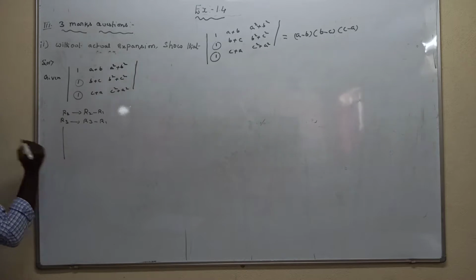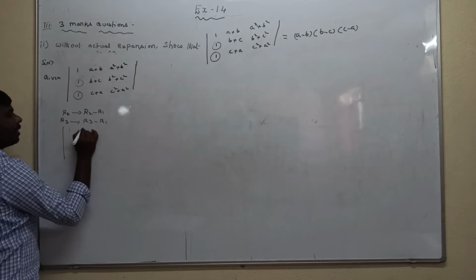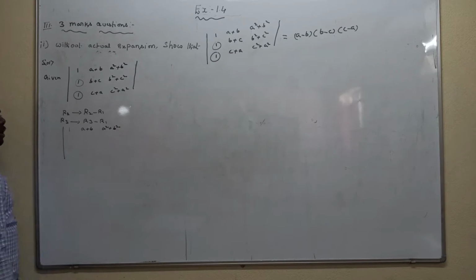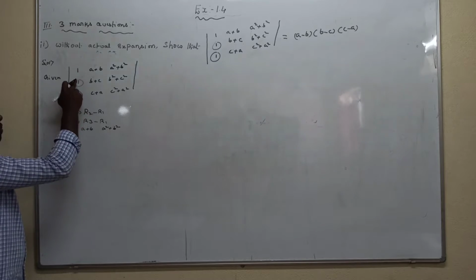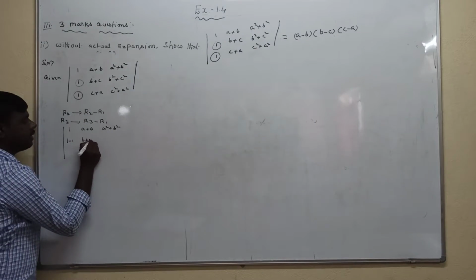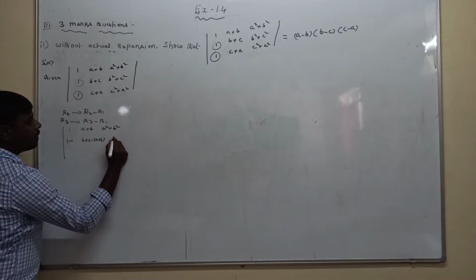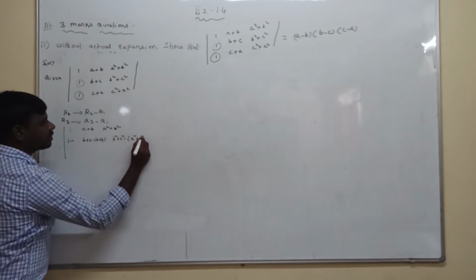Now apply the condition. The first row does not change, that's why I am writing all the elements as they are: 1, a plus b, a square plus b square. Now the second row changes to second row element minus first row element: 1 minus 1, b plus c minus of a plus b, b square plus c square minus of a square plus b square.